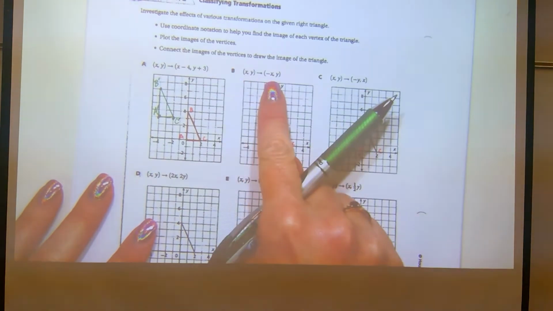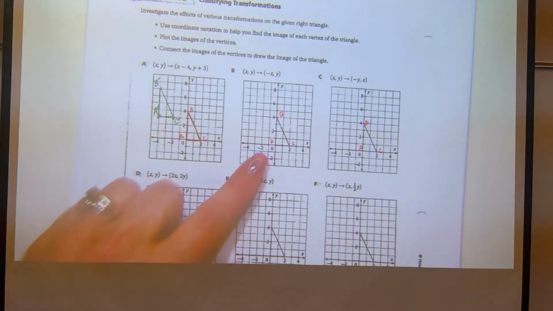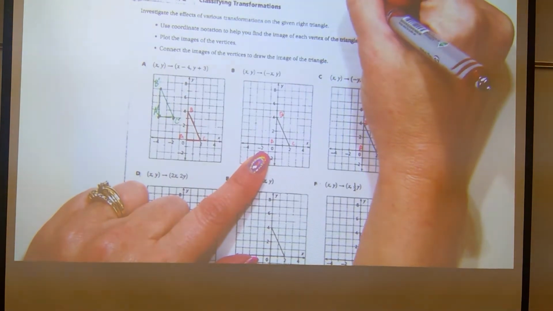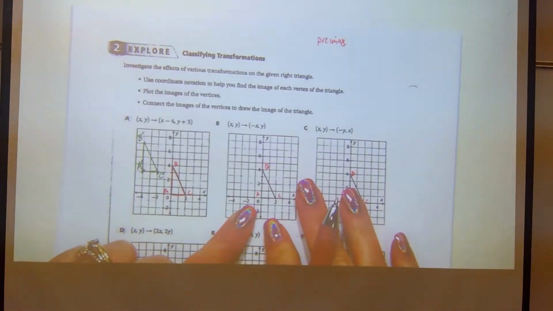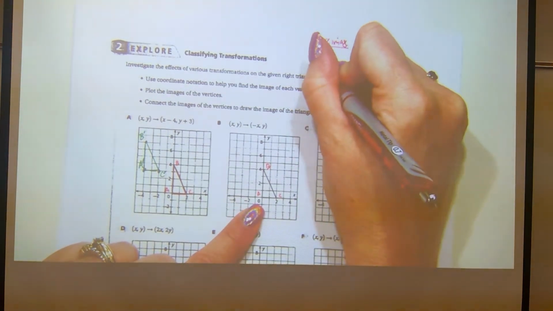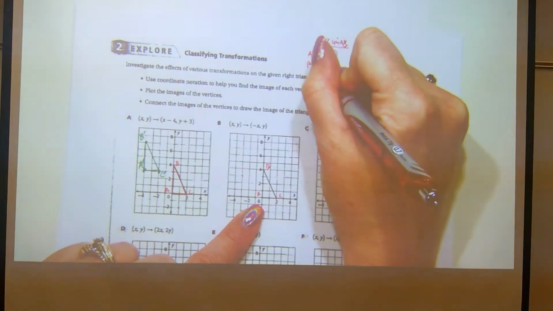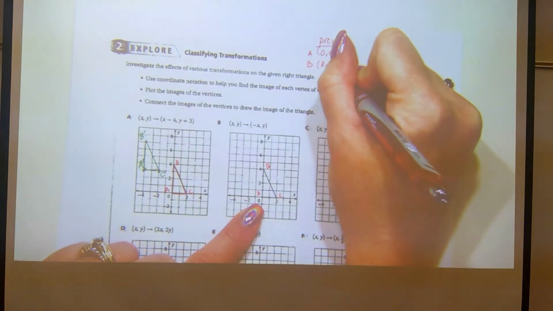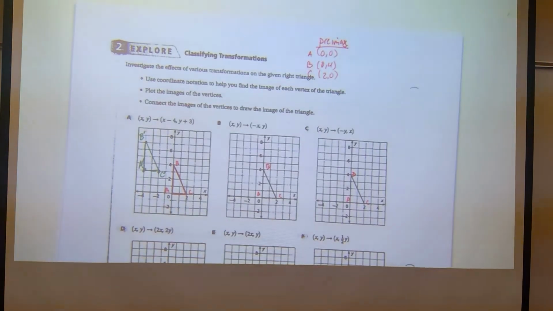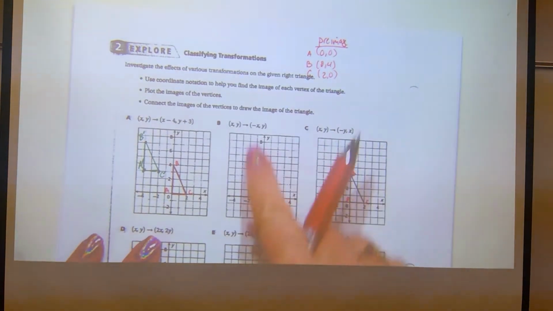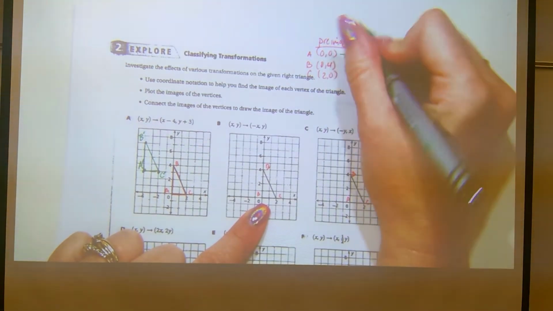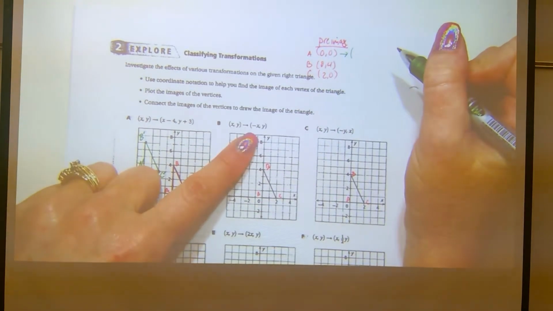So for (x, y) becoming (negative x, y), I'm going to go ahead and think about the coordinates for the pre-image of my triangle. Well, my coordinates for my pre-image, A is at (0, 0), B is at (0, 4), and C is at (2, 0). Well, for this transformation, I'm changing the algebraic sign of the x coordinate.